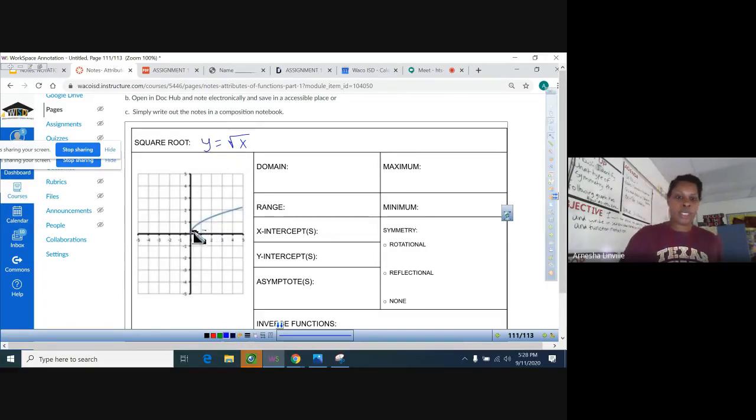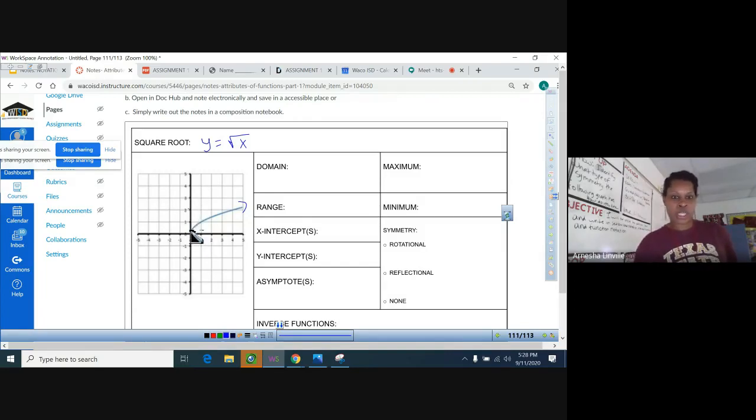If you look at the graph, I call it a baby heel. It looks like a little heel. But this graph doesn't have an actual name, so you just have to recognize the shape and come up with an association for yourself. If I look at this graph, the domain is left to right.